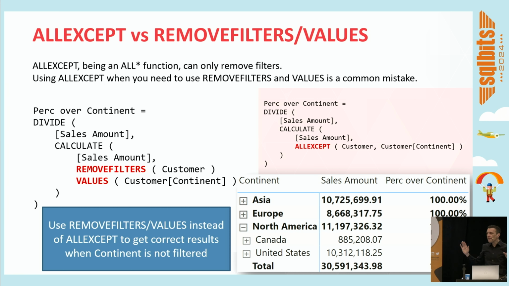And so you always have these two options, but ALLEXCEPT requires you to have in the visual the column that is at a higher hierarchical level, whereas this pattern of remove filter values is more flexible, which means that ALLEXCEPT is very rarely used because remove filter values allows us more flexibility, doesn't have many constraints for the report.